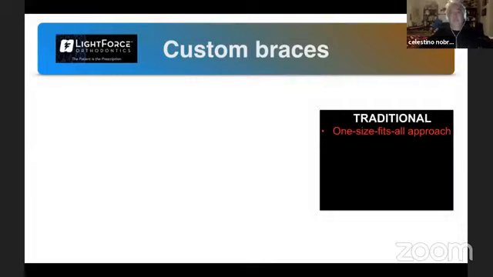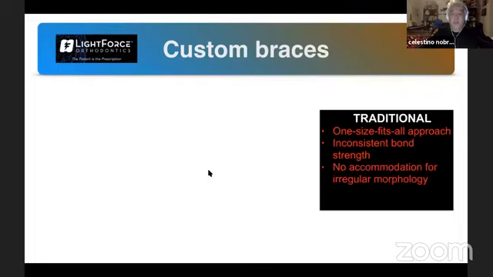So traditional. Now we cannot follow this process anymore, the one-size-fits-all approach. In the past, we had inconsistent bone strength, no accommodation for irregular morphology, and deep bite and rotations were relevant issues. We don't have those issues anymore.